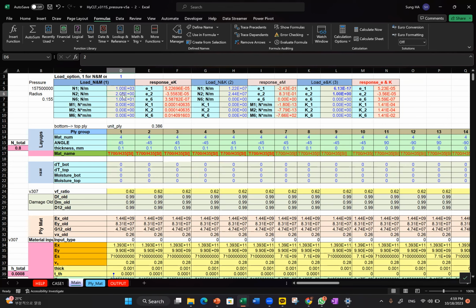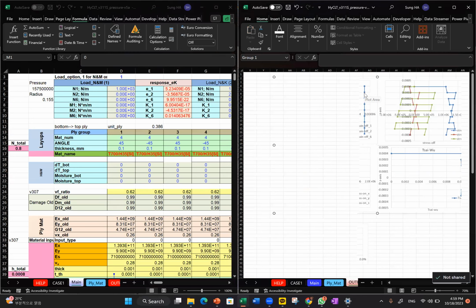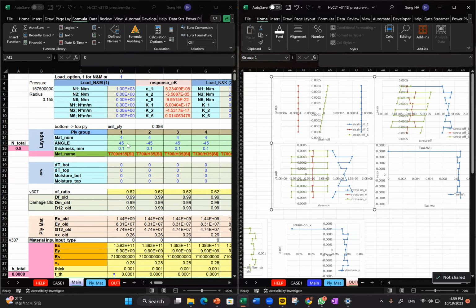Say we have just one load like this, and then you can see that you will have some strain like this. But as you can see, we have very much alternating layers. You can see the stress is a zigzag, plus minus, and it is very hard to imagine and estimate the value, but you can see why we have this zigzag kind of stress.